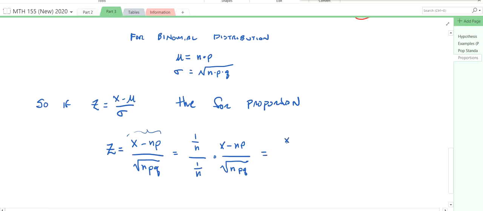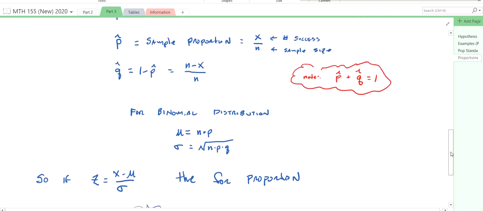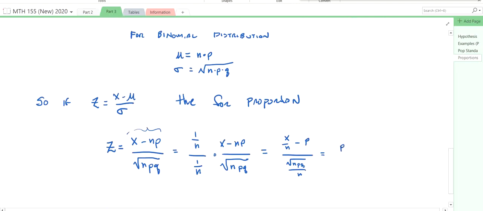And this will end up being x over n minus p over square root of npq over n, which we already said x over n is p hat. So that's how we get this, p hat minus p over, and then I can squeeze this into the square root of npq over n squared.